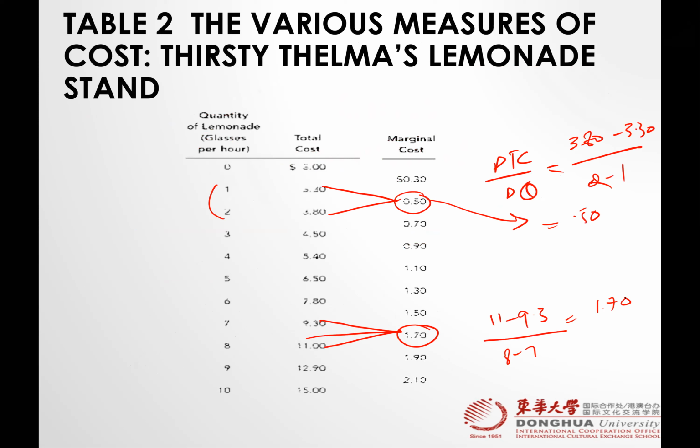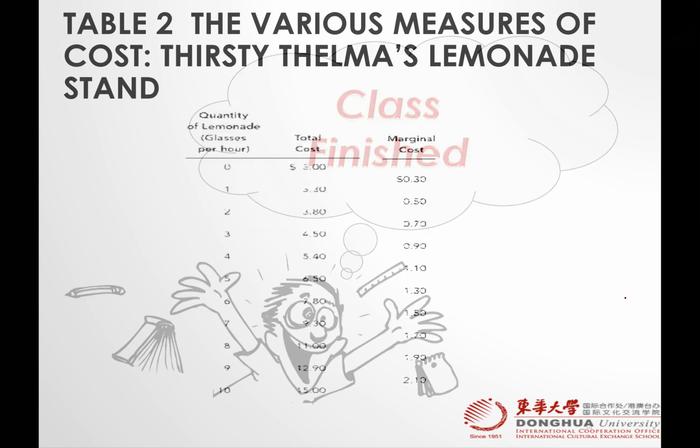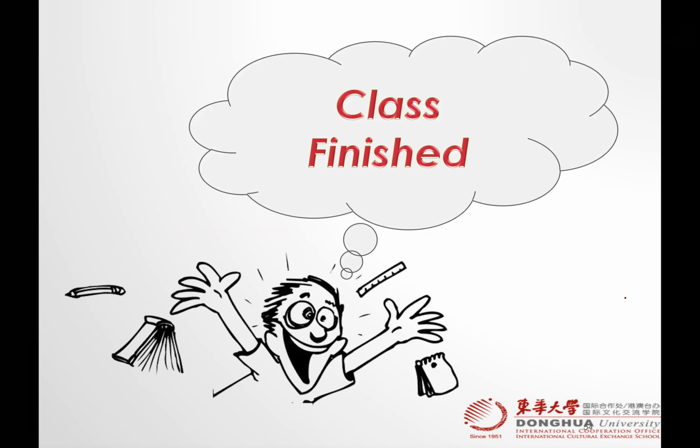So here we go. Up till now, what have we studied? We have studied the cost of production, in which we talk about the nature of the cost and the behavior of the cost. By nature perspective, we talked about the cost can be classified into implicit and explicit. Implicit costs are those costs which do not include the direct outlay.